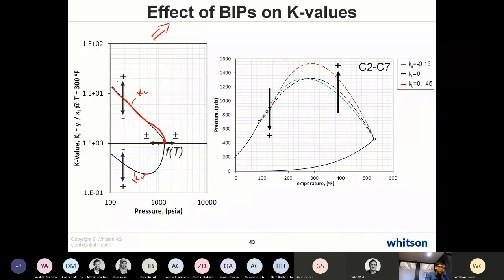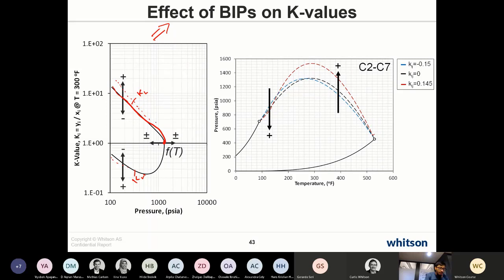So for example, with a positive value, it will be somewhere like this, and again somewhere like this, and they will move apart from each other. If we go in the negative direction, the lighter and heavier K values will start approaching each other.